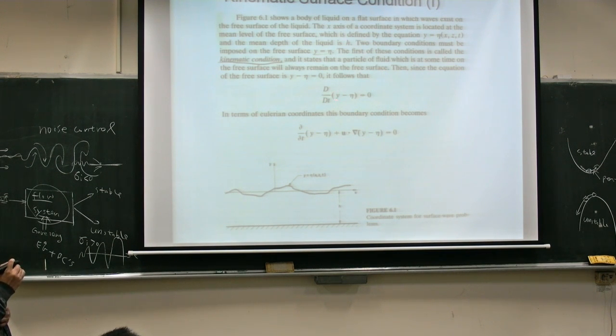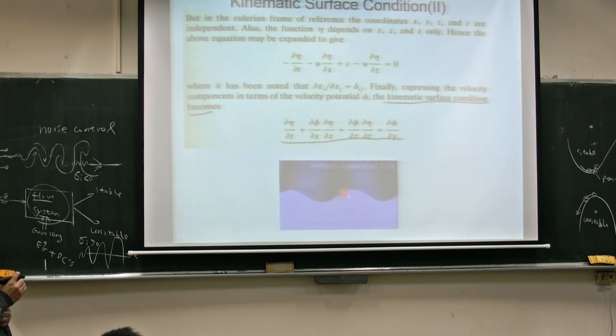And how can the interface be represented? y equal to eta is our interface. So a fluid particle at y equal to eta means y minus eta represents the fluid particle on the interface. The d/dt of this should be equal to 0. The physical meaning is that the fluid particle on the interface doesn't change with time. It's always the fluid particle only.